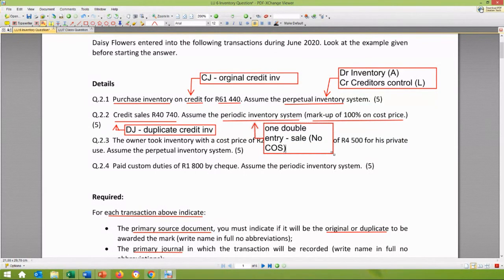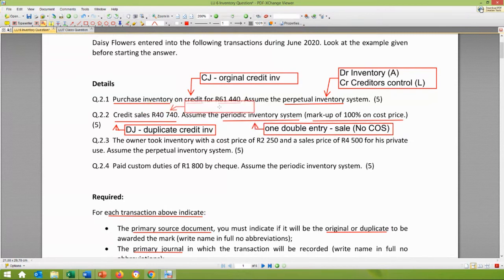Okay? Because we do not have a cost of sales column under the periodic inventory system, we only account for cost of sales at year end. So that means this markup information is irrelevant. We do not need to know what the information is.